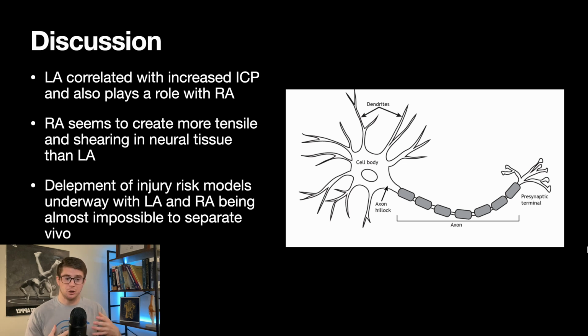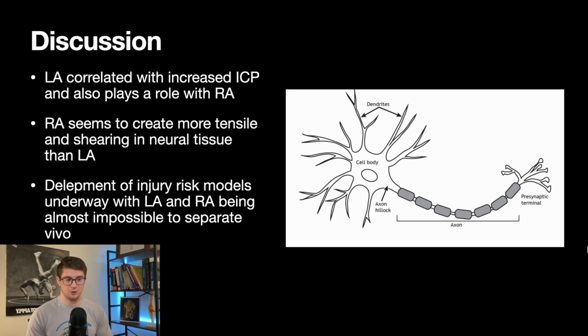Okay. So the first point, we'll just go through what we talked about and wrap it up in a nice, neat bow here. Linear acceleration was correlated with increased intracranial pressure in the beginning of their research, whenever they started to look at mild traumatic brain injuries or traumatic brain injuries as a whole. It also plays a role with rotational acceleration.